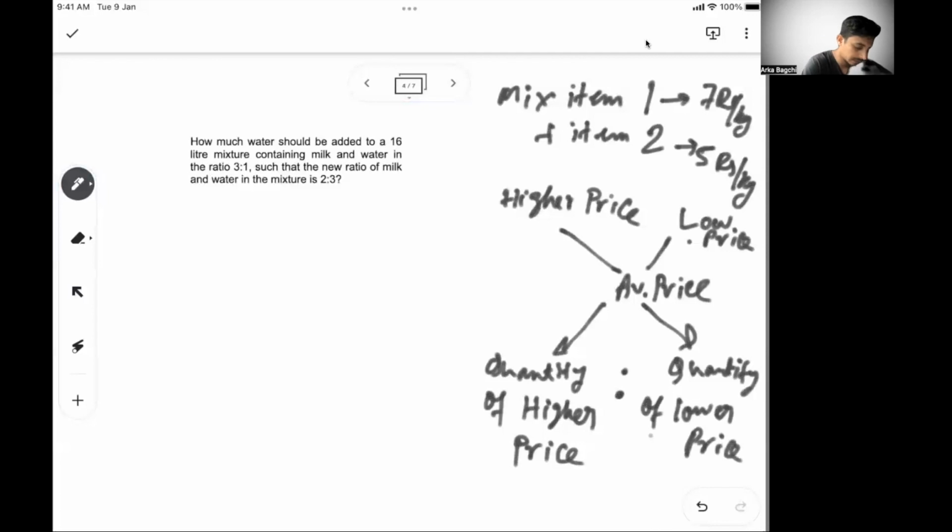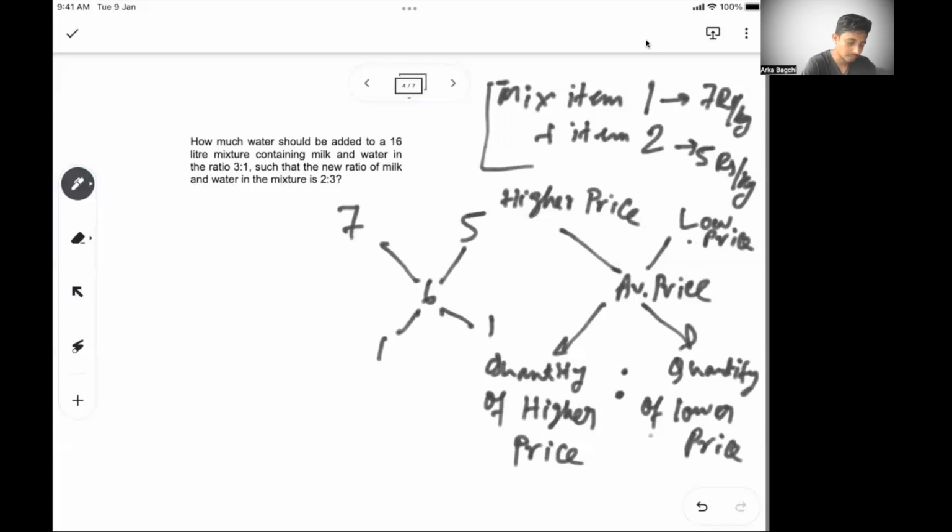So if your higher price is 7 and the lower price is 5, typically the problem will be to mix item 1 and item 2 so that my average price is, let's say, 6 rupees. Then 7 minus 6 is 1. Now 6 minus 5 is also 1. So this is a 1:1 ratio, so you have to mix them equally.